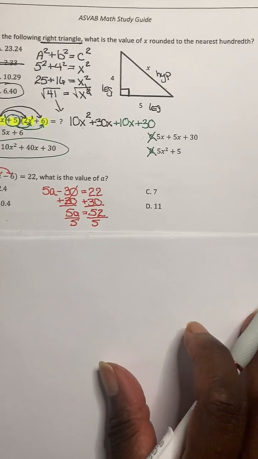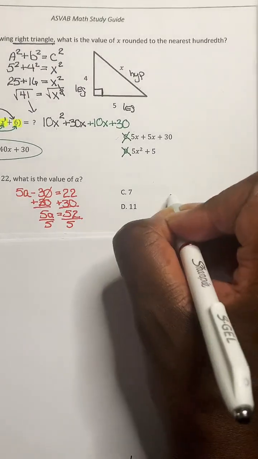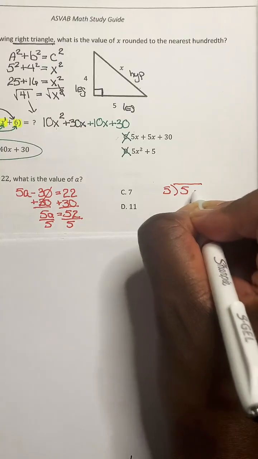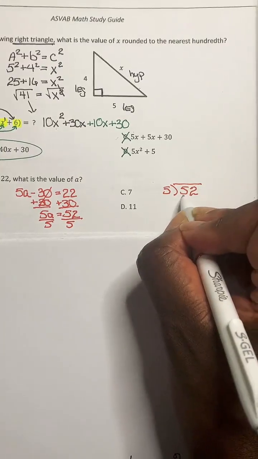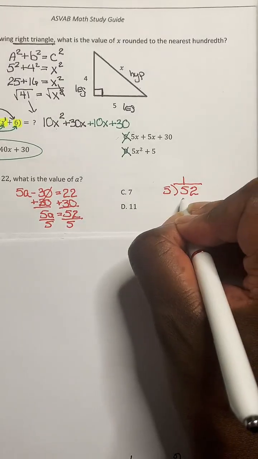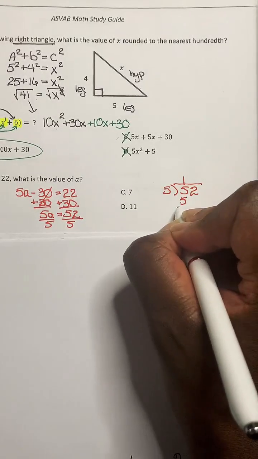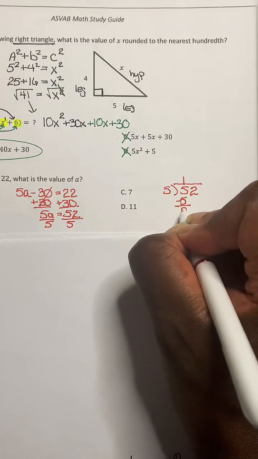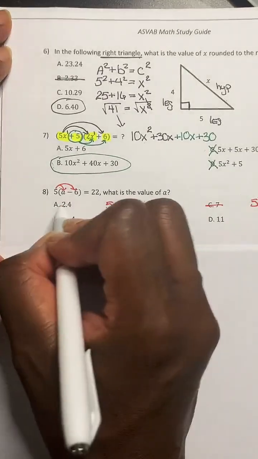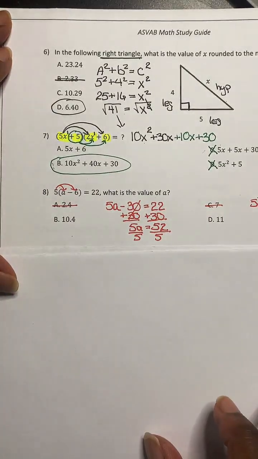So if I have 52 divided by 5, how many 5s can go into 5? Well, one of them. So once I see this 1, 5 times 1 gives me 5. That gives me my 0. So that automatically rules out 7 and 2.4.